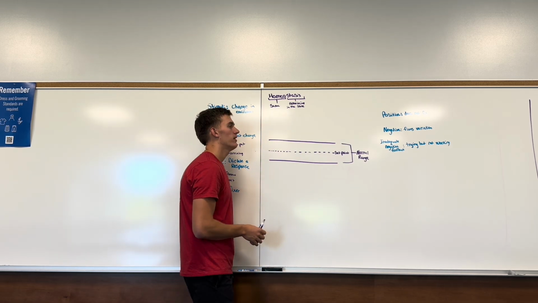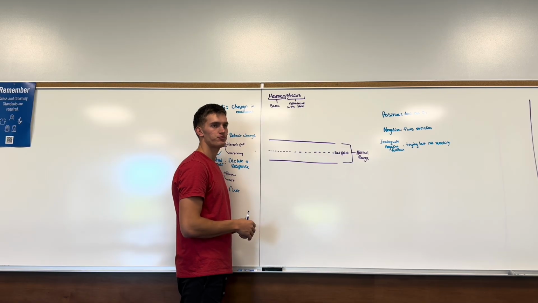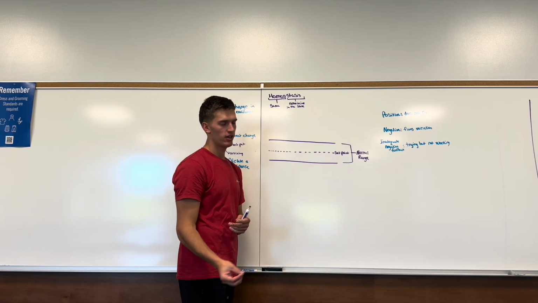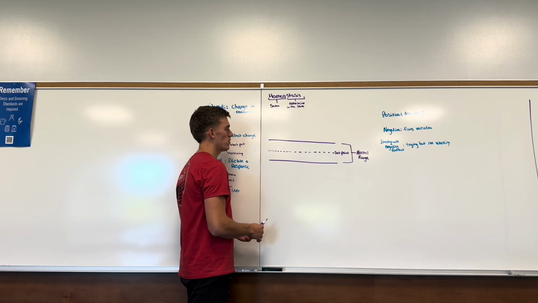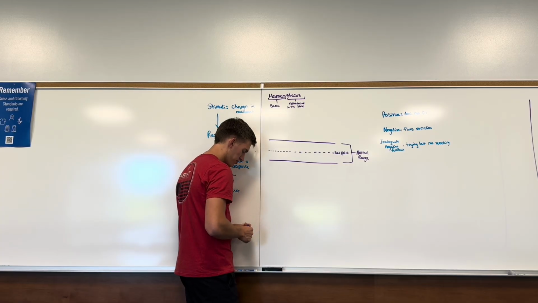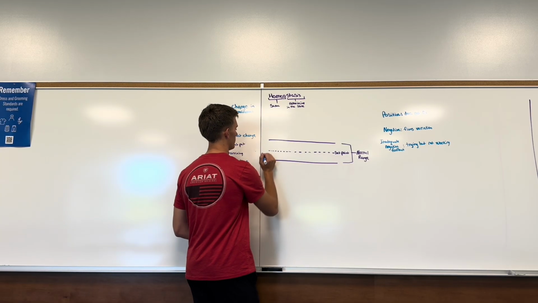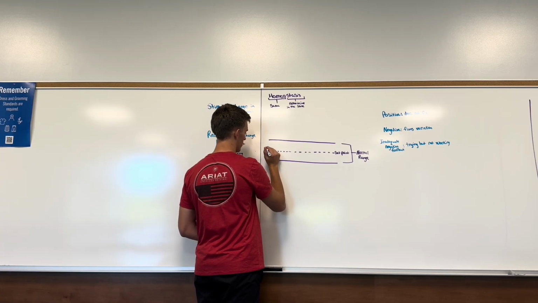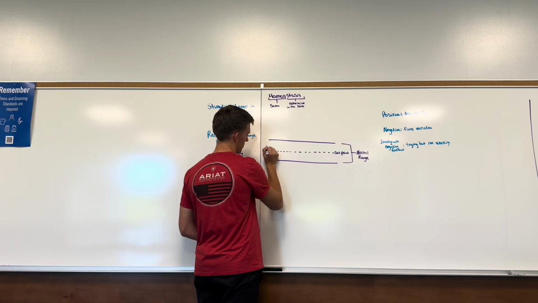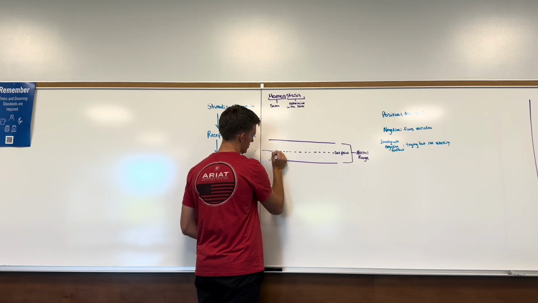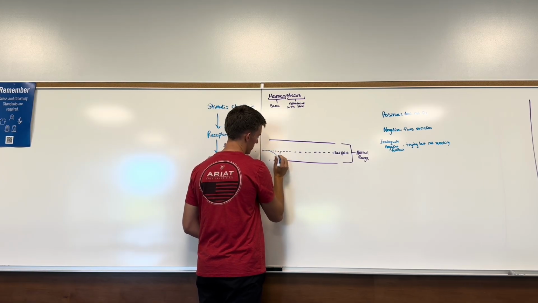Say you cut your finger. You cut your finger so that your blood volume goes down. So this is blood pressure. You cut your finger, your blood pressure starts to go down. Okay?